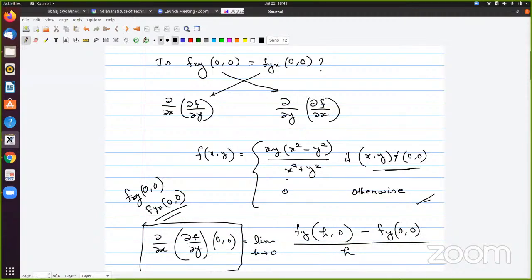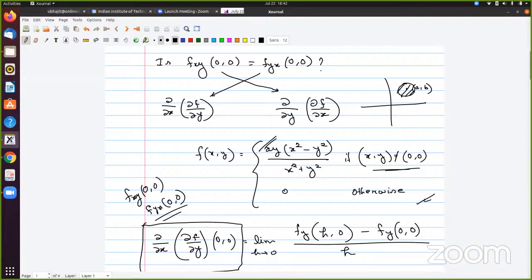So this definition is true for any point other than 0. If you choose any arbitrary point on the xy plane, suppose this is your a comma b, and you take an open ball around that point, everywhere the function is defined by xy times x square minus y square by x square plus y square. So here we can apply the quotient rule directly.